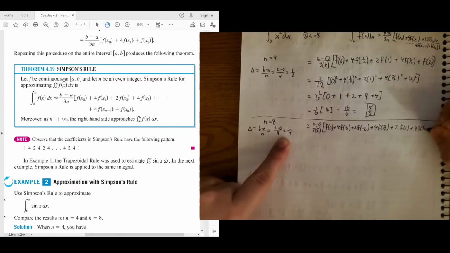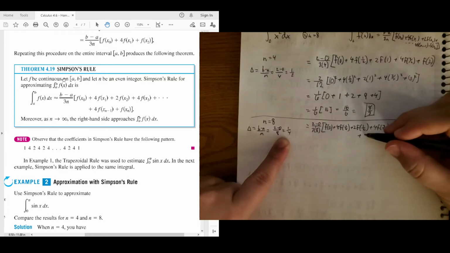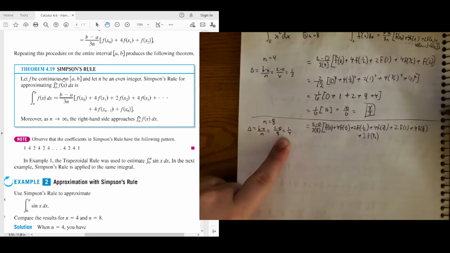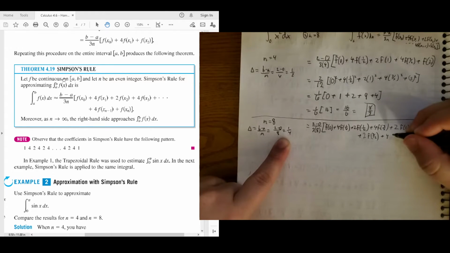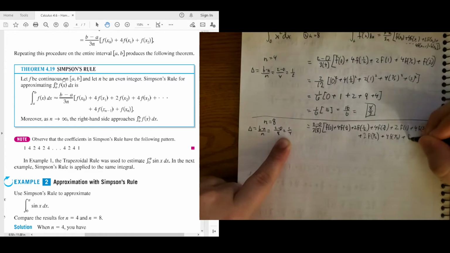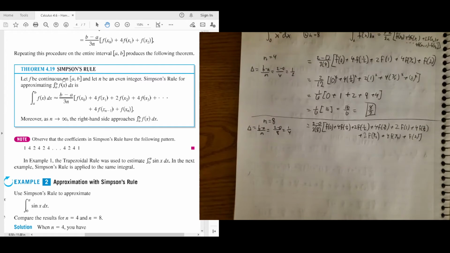F of 5/4 plus 2, f of 3/2 plus 4, f of 7/4 plus f of 2. All right, let's plug them in.